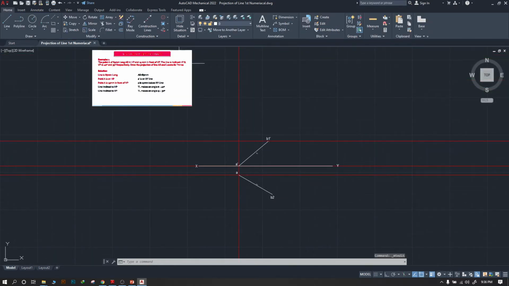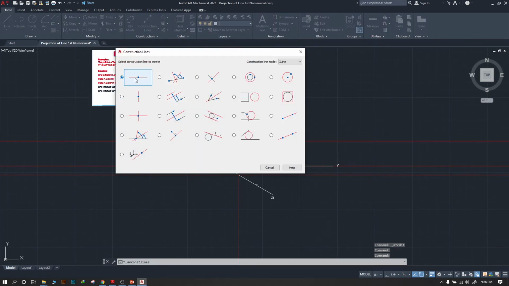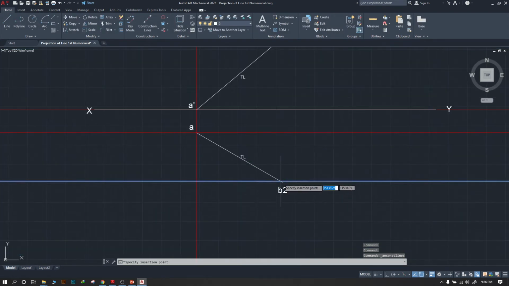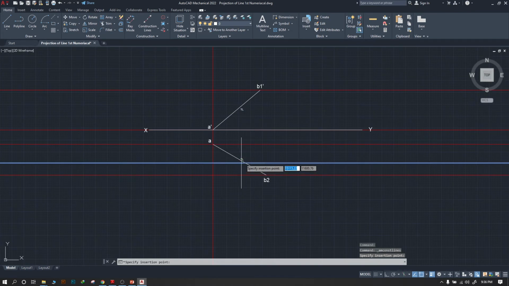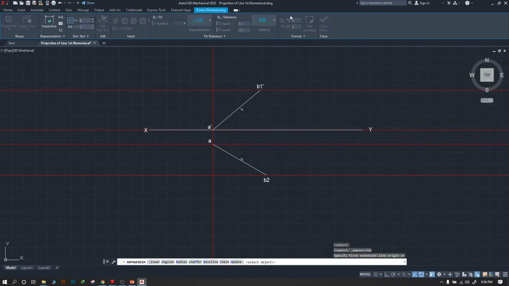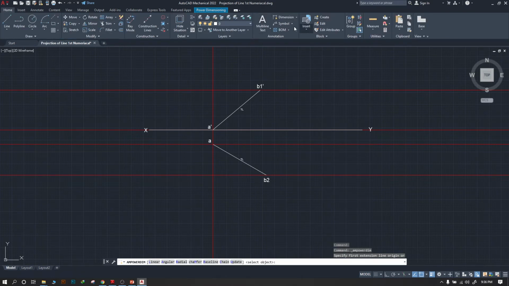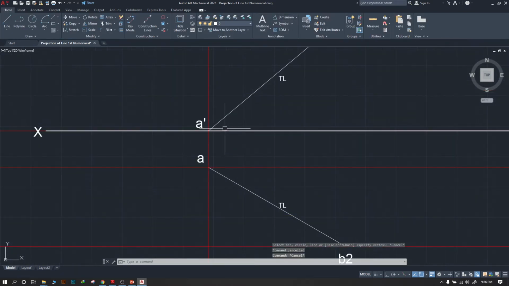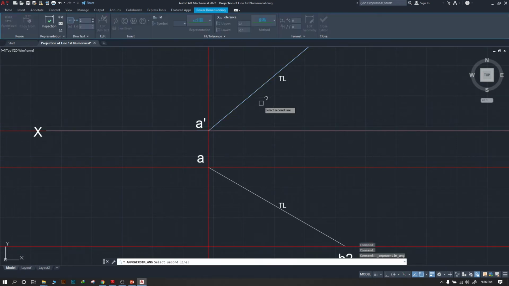Similarly, I will take the construction line for the locus of B in the horizontal plane. I will mark the angle.